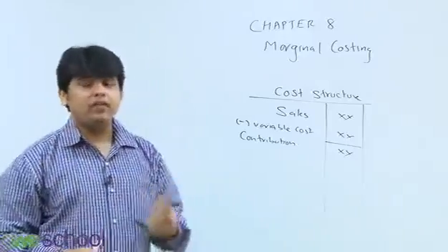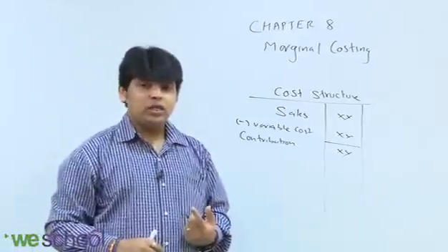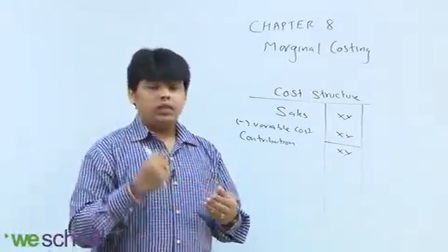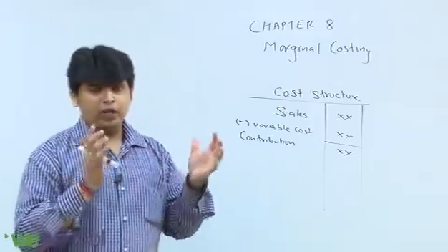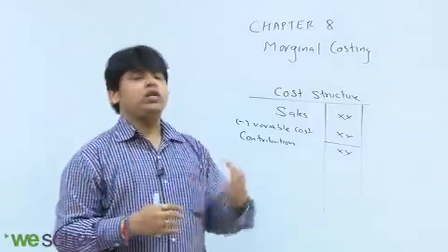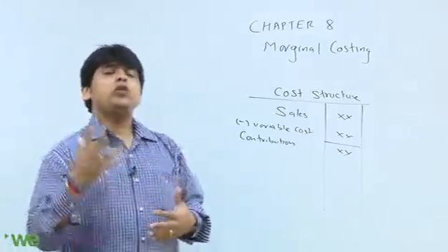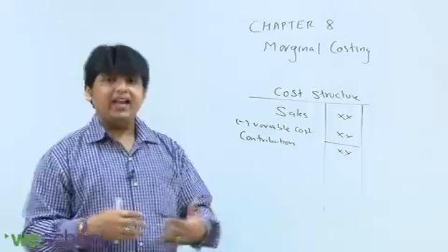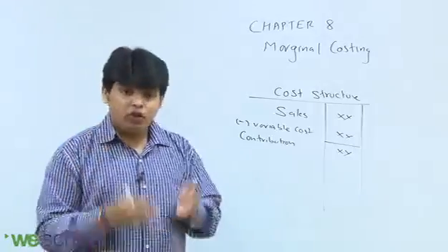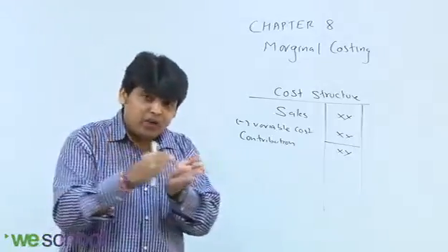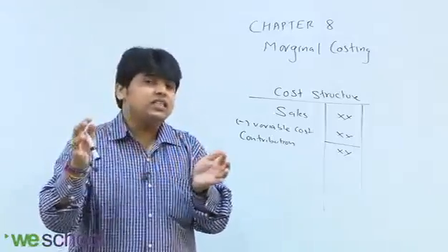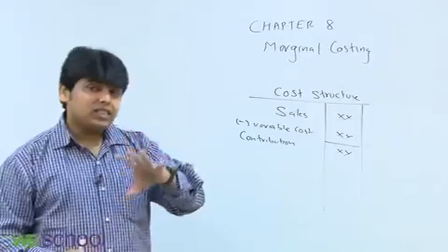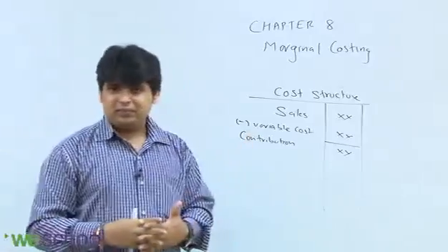For example, material for 1 unit is 60,000. For 2 products, it will be 1,20,000. For 3 products, it will be 1,80,000. For 4 products, it will be 2,40,000. So it is varying. As production increases, the material cost increases. As production decreases, the material cost decreases. That's the reason such expenses are called variable expenses.